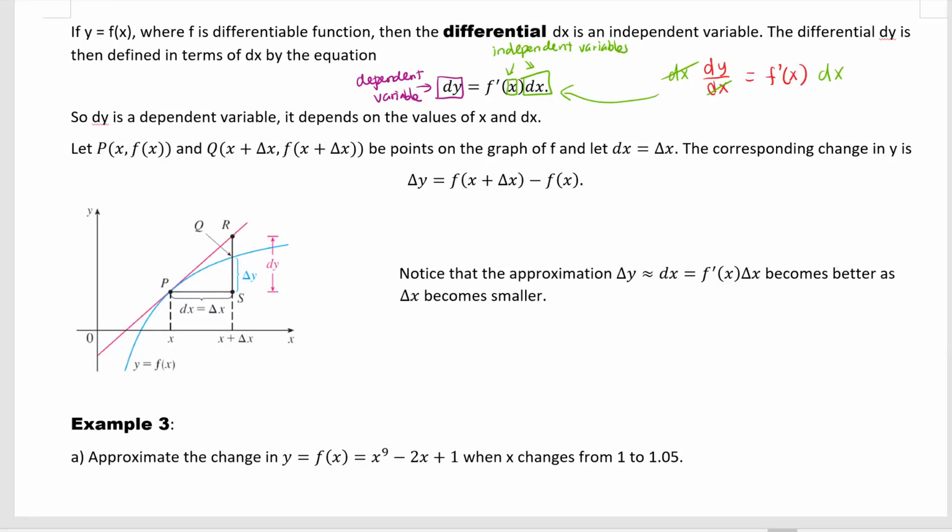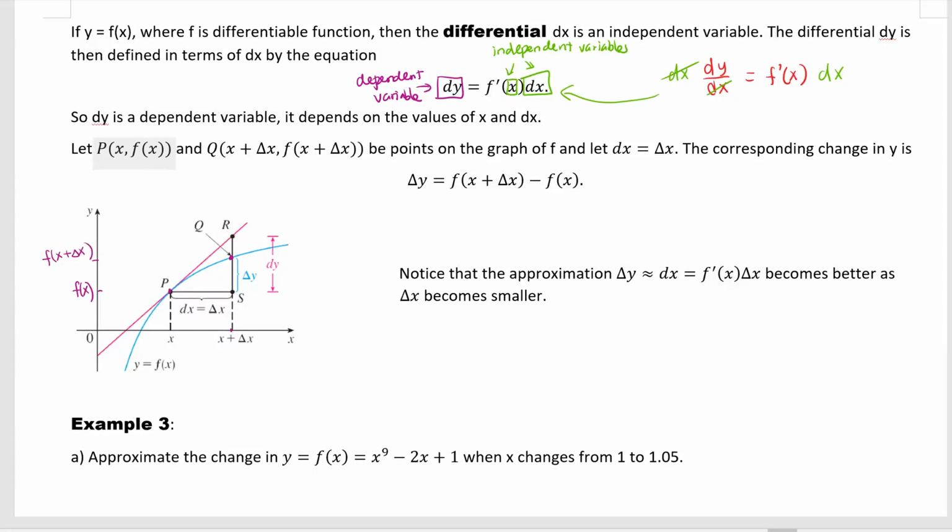Okay, so if we let p be x, f of x, so this is point p, x, f of x, and q, so let's say this is the q, x plus change of x, so we know this is change of x, so x plus change of x is right here. So q is x plus change of x, and this is f of x plus change of x.